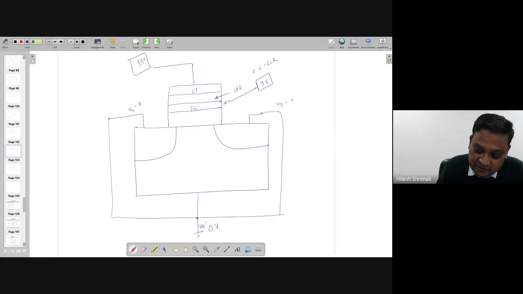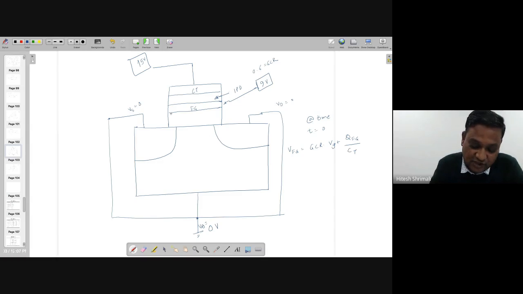So if it is 9 volt at this point, at time t equal to 0, VFG is nothing but GCR times VG plus QFG divided by CT. At the beginning there was no charge available here, so this was already 0, and at time t equal to 0 this becomes GCR times VG.